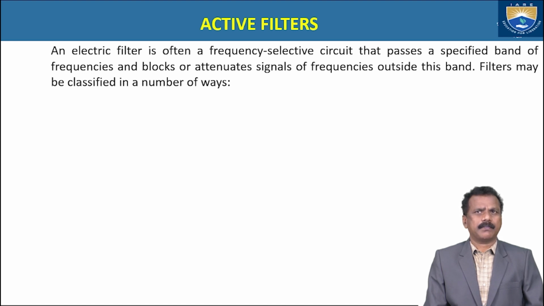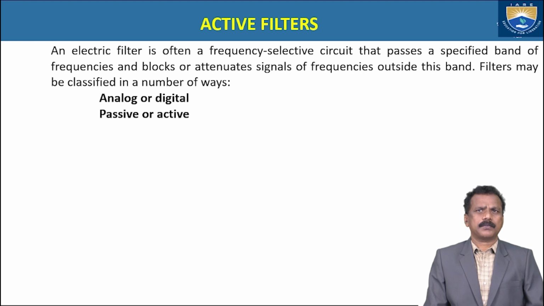Filters may be classified in a number of ways. One is analog or digital. If you are using an analog filter, they use passive elements or passive components. If you are considering a digital filter, it uses active components or active elements.